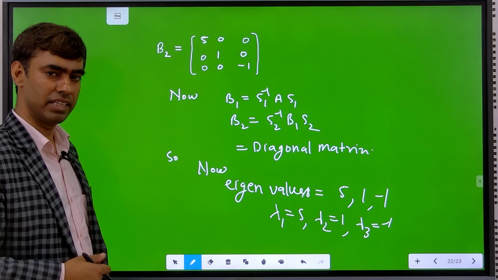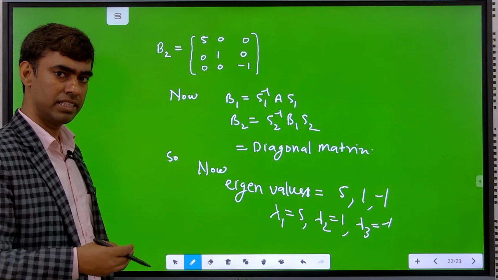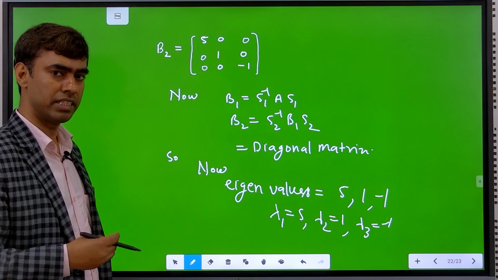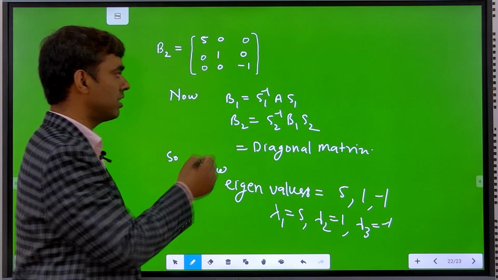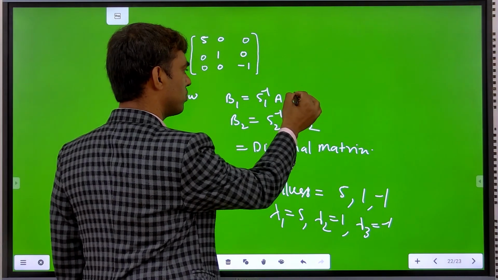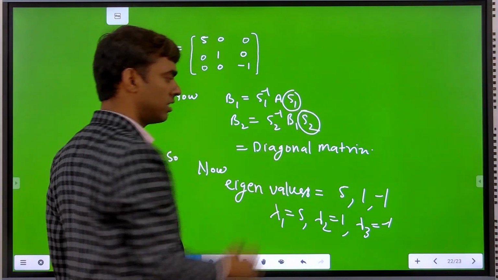Now, how do we find the eigenvectors? As we said in a previous lecture, to find the eigenvectors we multiply all the transformation matrices. Here, how many transformation matrices are there? Here we use two transformation matrices. The first one is S1 and the second one is S2.